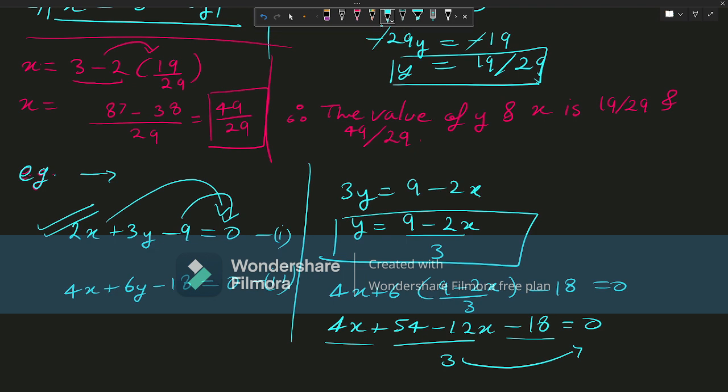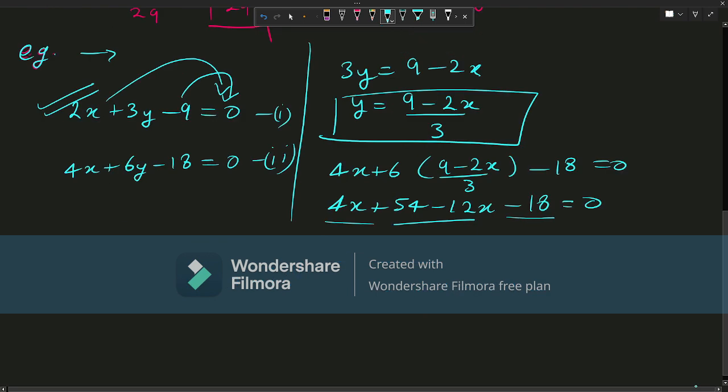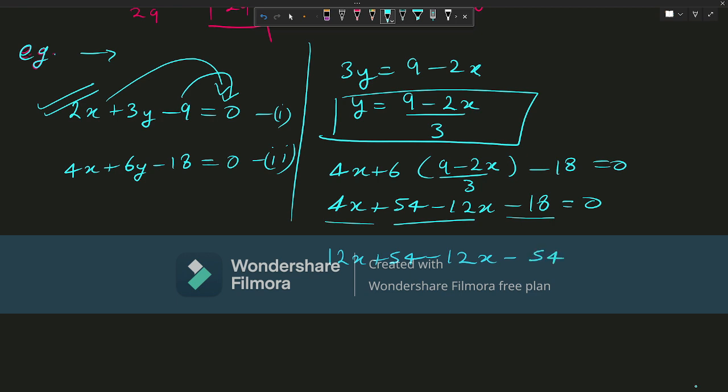Once you get 3 as the common denominator, only then you can shift it. Now if we do that, we get 12x plus 54 minus 12x minus 54 upon 3. I'm not writing this step. We will directly shift 3 to RHS, so it will become 0.